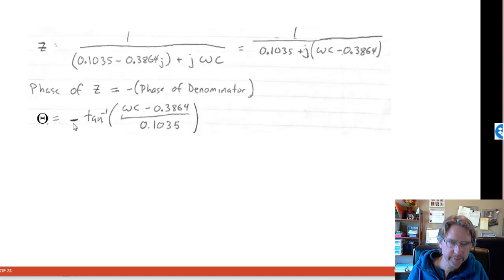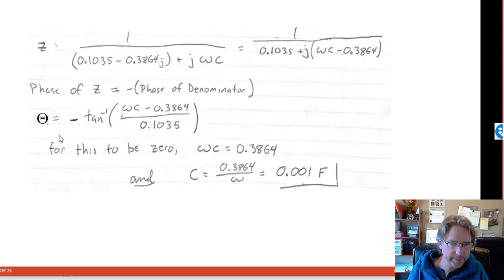Here's the minus sign that came down from here. So this is the phase angle, the power angle. We want to set that to 0, so this top has to be 0. So omega c has to be 0.3864. Solving for the capacitor, 0.3864 divided by omega, which is 1 millifarad, 0.001 farads.